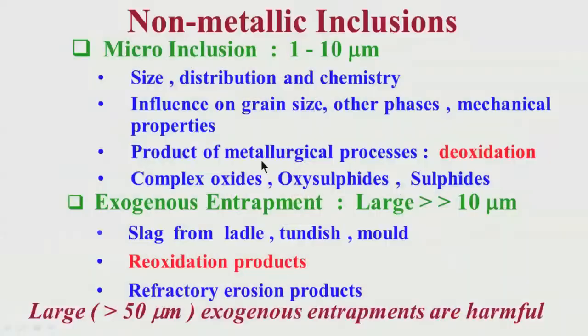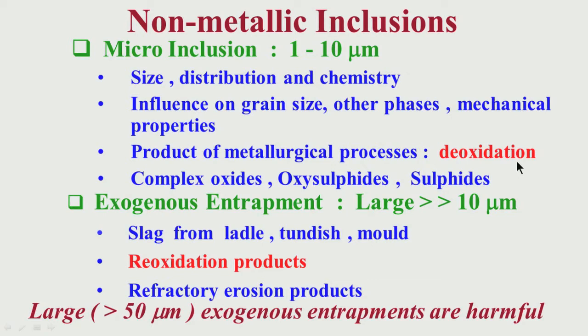Now, these are products of metallurgical processes. An example is deoxidation. That means these are generated during the metallurgical reactions in steel making. As I have told you, we have to take care of dissolved oxygen in steel by deoxidation. How do we do it? Either we use silicon, ferrosilicon, ferromanganese, or we use aluminum.